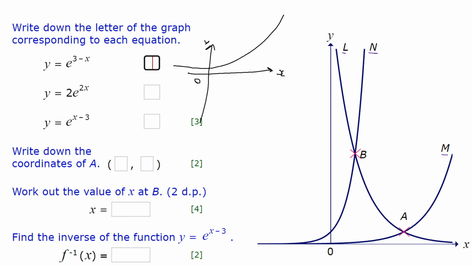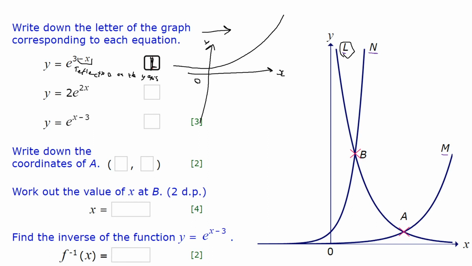This is y equals e to the x. Minus x, right? That is a reflection on the y-axis. Which one is reflected on the y-axis? It's L, isn't it? Why is it L? Because e to the x is pointing that way, but here it's pointing that way, as you can see.